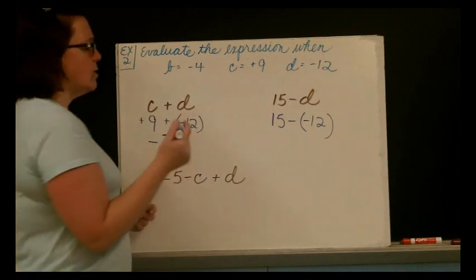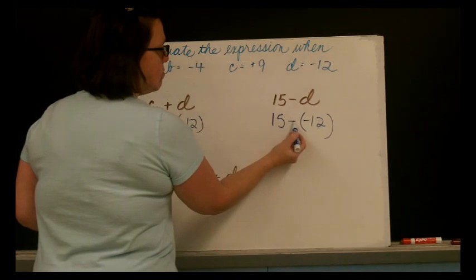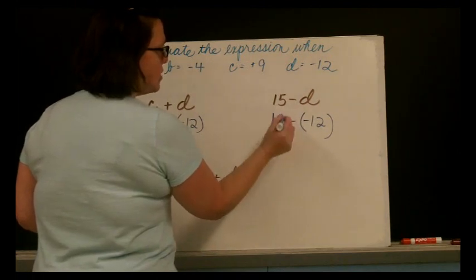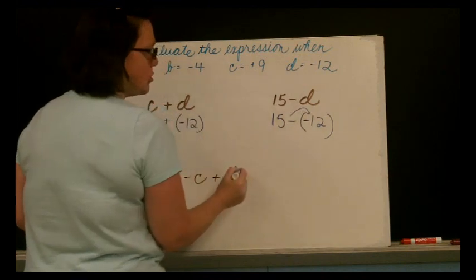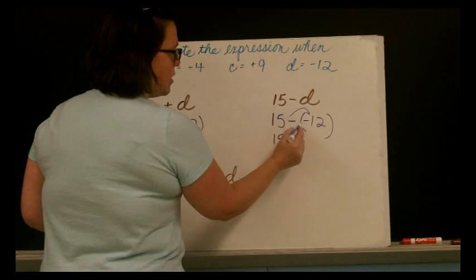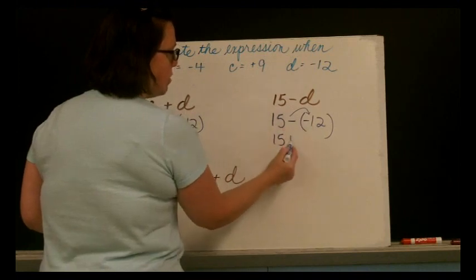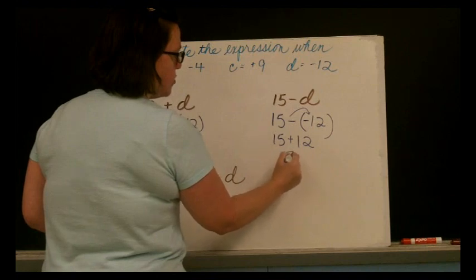And just as we did in example 1, this minus sign on the outside of the parentheses means the opposite of this integer. So this 15 is the same. The opposite of a negative 12 is a positive 12, which gives us a final answer of 27.